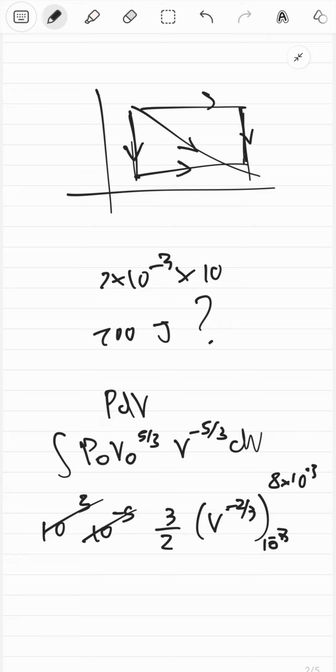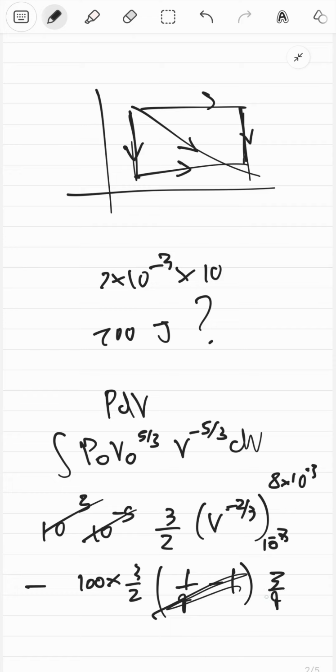So it's 3 by 2, and then you just put that thing in there. That 1/3 part is 10 power negative 1, negative of that, that's 10 power 1 but squared, so just 100, so 100 times this stuff, and it's now just 8, so 1 upon 4 minus 1, so just 3/4 negative.